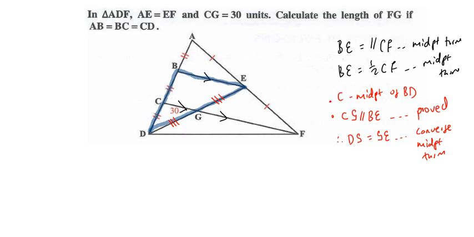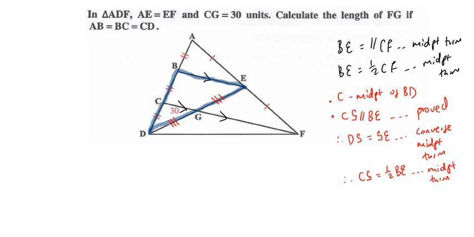And because they're equal, you can then say, therefore, that means CG is going to be half of BE. What is our reason? Our reason is midpoint theorem. Now we have two midpoints, G and C, that are joined together.